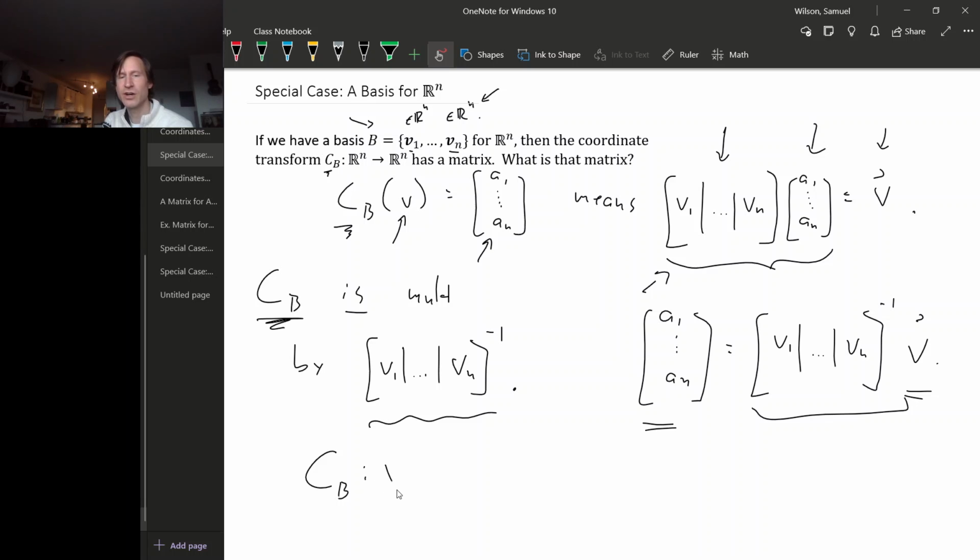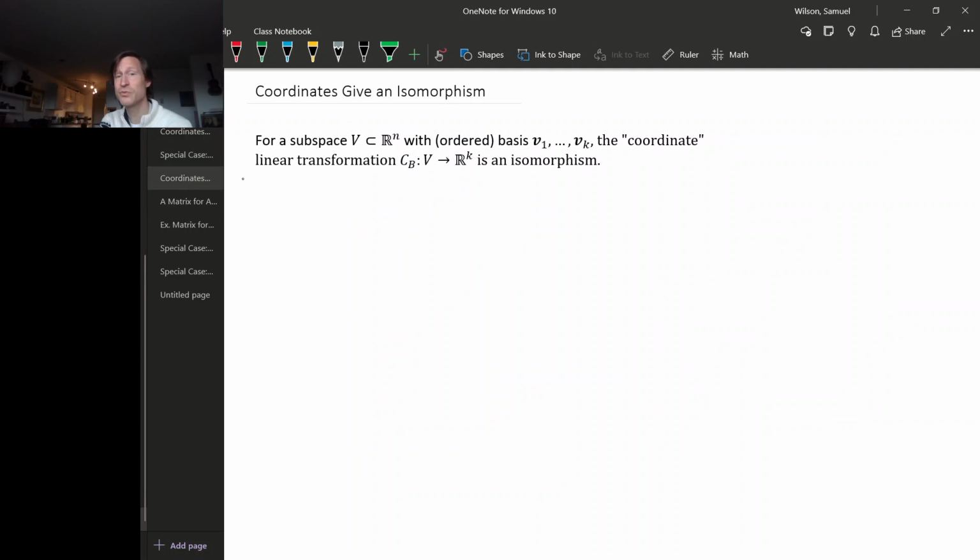In general, it goes from whatever vector space you're starting with to some Euclidean space, and it turns out that this linear transformation is actually an isomorphism. Suppose we have some subspace V of R^n, and it has a basis v1 through vk. This means that the dimension of V is k, because we have a basis with k vectors in it.